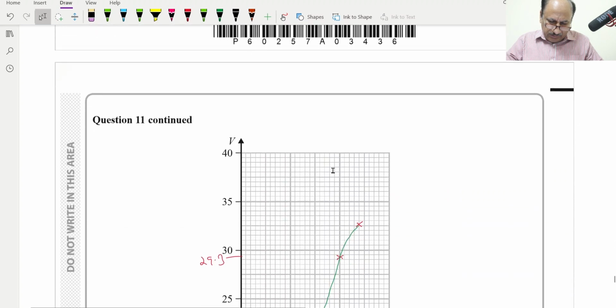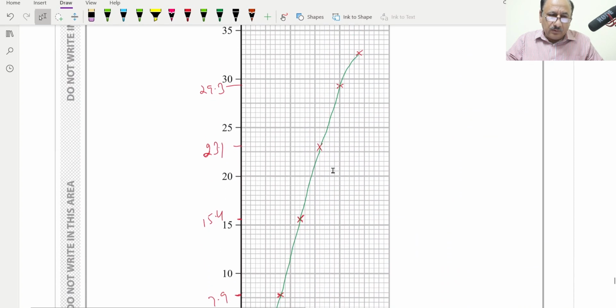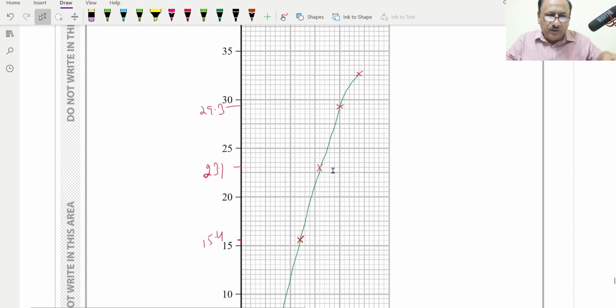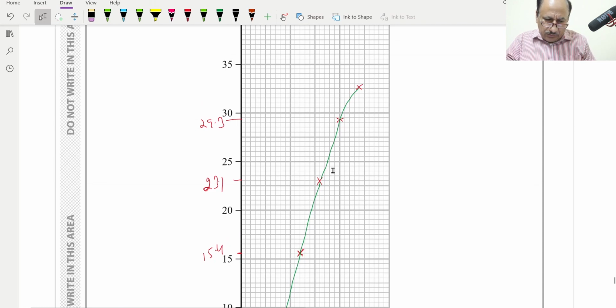For 26, we will be taking reference. This will be the 26 value, and we can plot it.